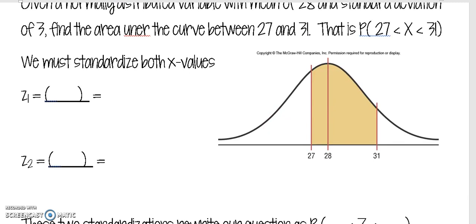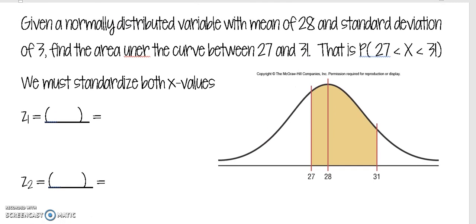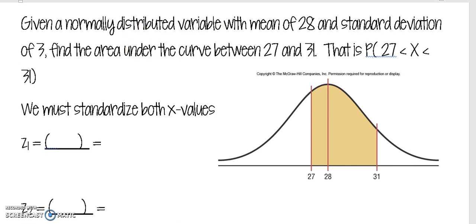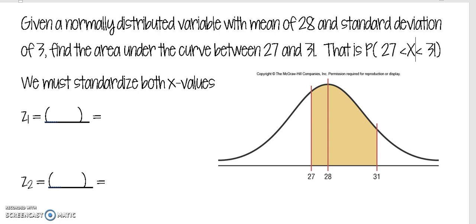Okay, we are going to do another problem with the same mean and standard deviation as the previous, but now I'm looking for the area under the curve between 27 and 31. So that will require that I standardize both of my z-scores.